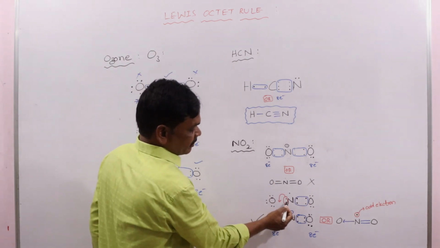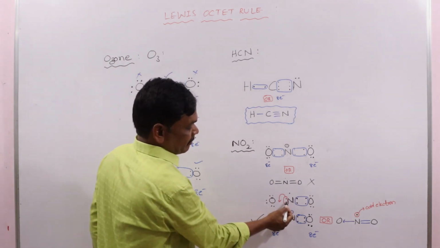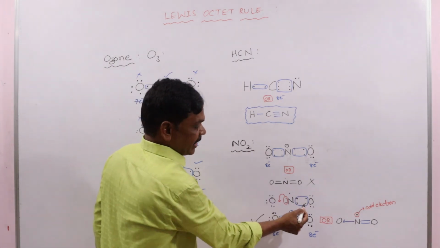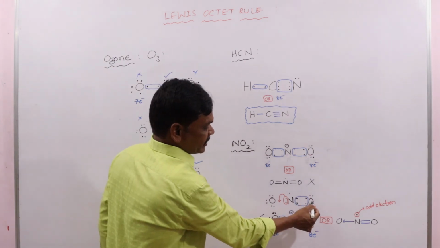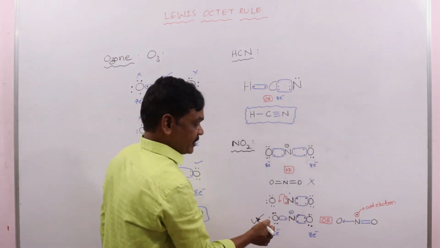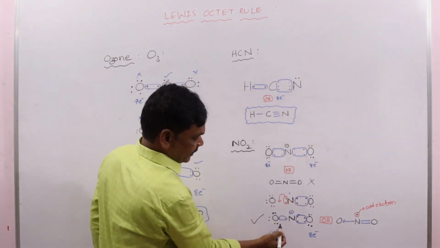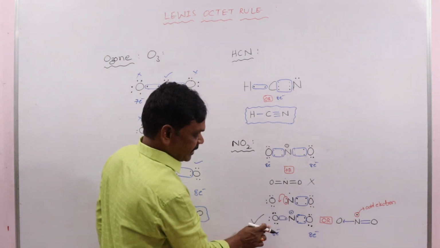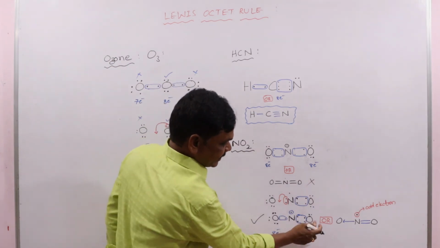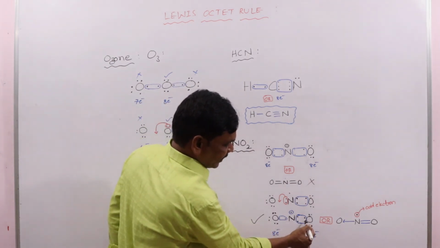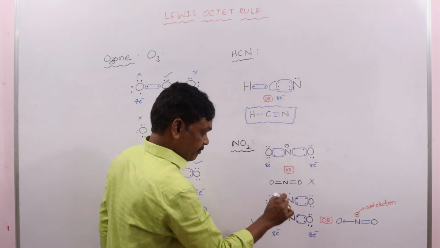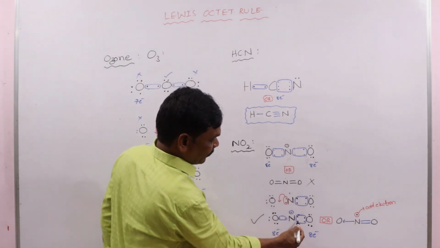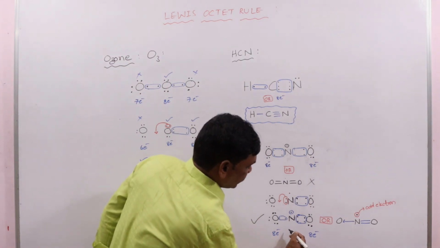One pair of electrons of nitrogen is shared between nitrogen and oxygen, and the remaining 2 electron pairs are shared between nitrogen and oxygen. In this structure you see 1, 2, 3, 4, 5, 6, 7, 8, so this oxygen is getting 8 electrons. And this oxygen also has 8 electrons. But in the case of nitrogen, 1, 2, 3, 4, 5, 6, 7, so it gets only 7 electrons.